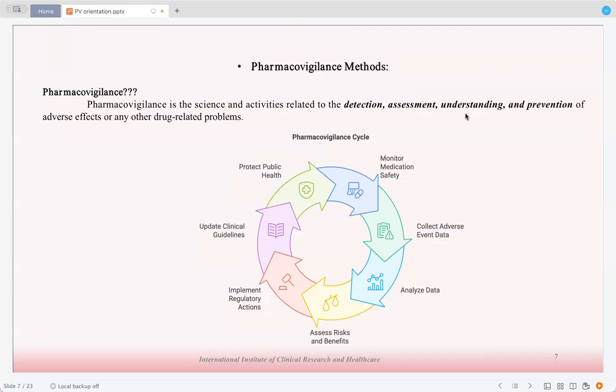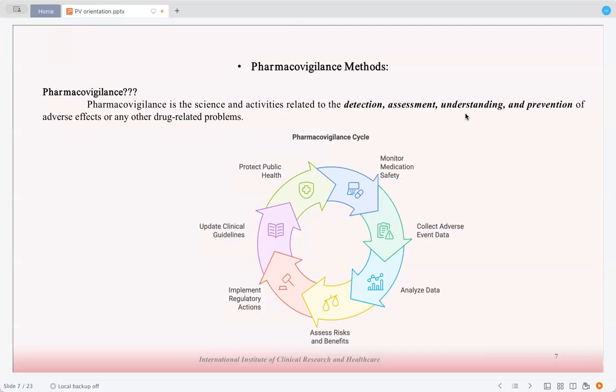Apart from the medicine, we need to check whether the patient is taking any concomitant medications, the diet of the patient, the patient's age, and gender. We need to consider all of these. That is the understanding process. Then prevention: the minimization measures we need to provide, and all the summary information about the assessment.